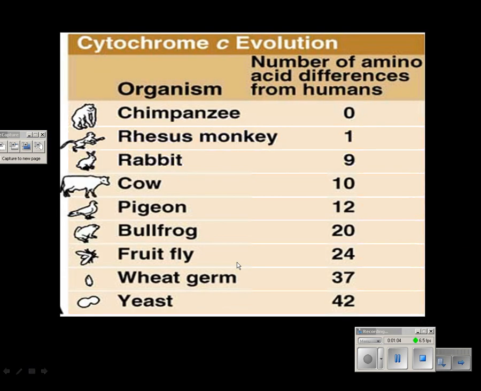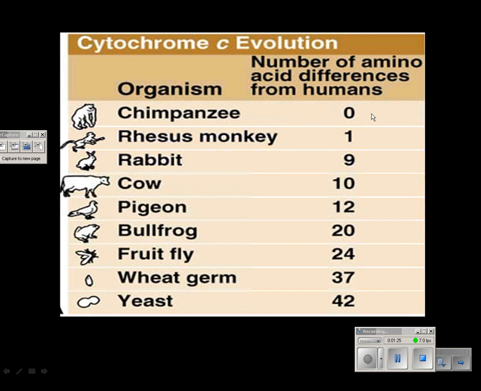And then we can look at something called the biochemistry of organisms. So the fossil record would be one example, and then biochemistry would be another. Here we're talking about similar amino acids, and in particular cytochrome C. Now, if we look at all these different organisms, we can see how many amino acid differences there are from humans.